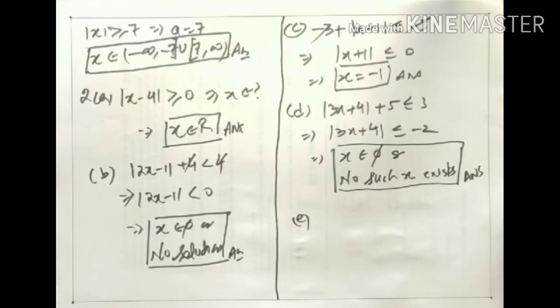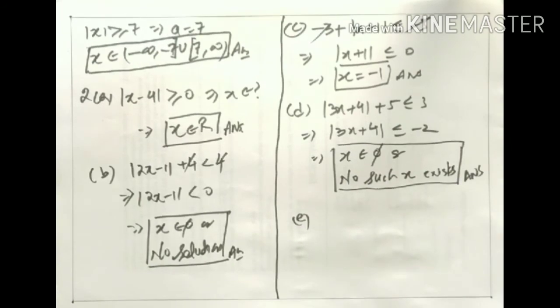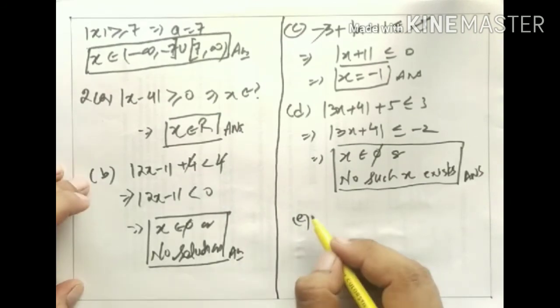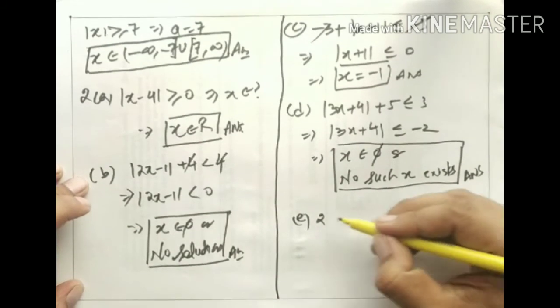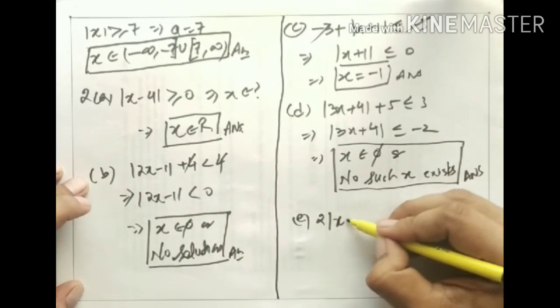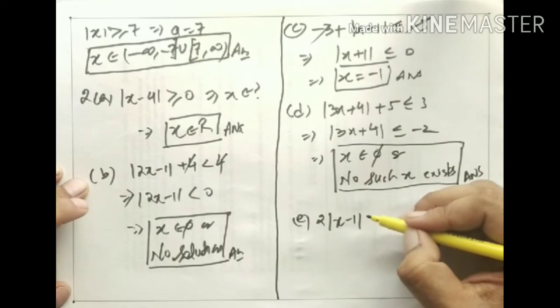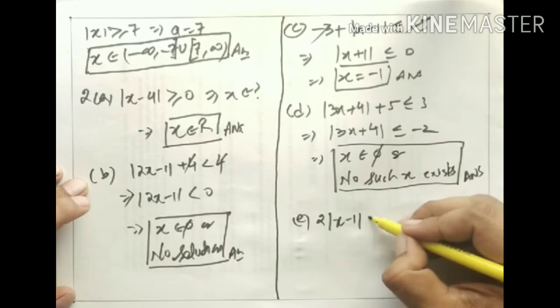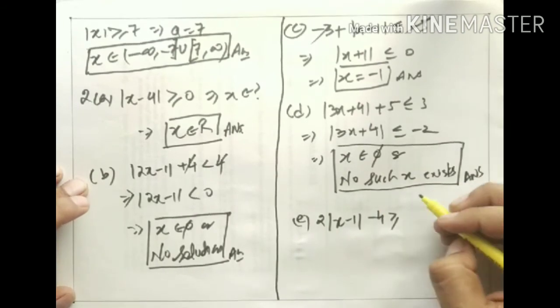The part E says 2 times mod of x minus 1 minus 4 is greater than or equal to 2.